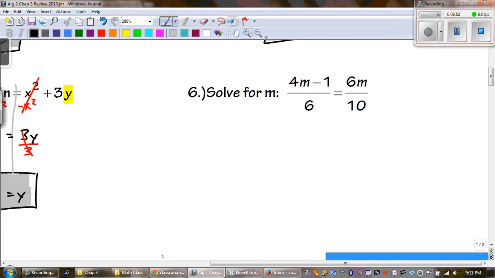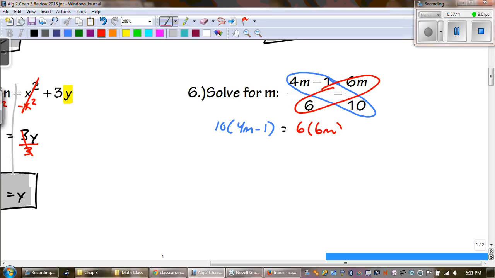All right, number 6. We have a proportion, and we want to cross multiply. So we're going to multiply the 10 times the 4m minus 1, and that's going to equal our 6 times 6m.